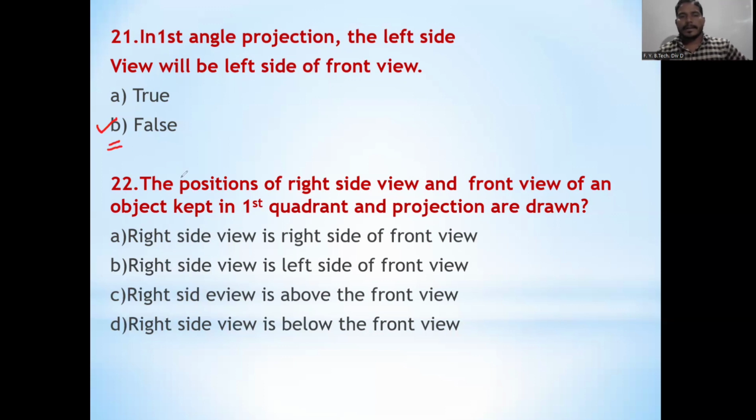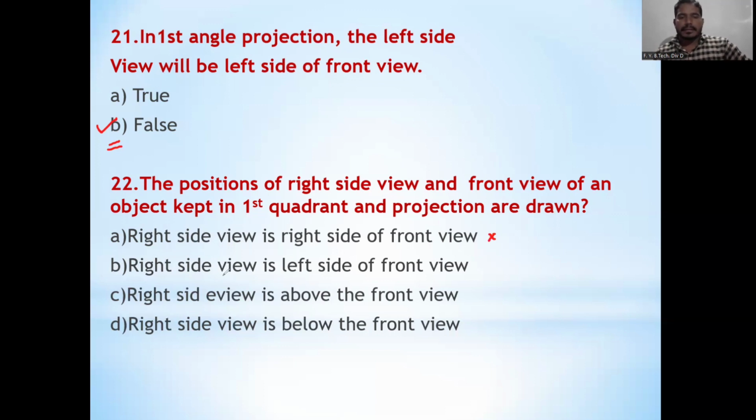The next, 22nd: the positions of right hand side view and the front view of an object kept in first quadrant, the projections are drawn. So you see, right hand side view is on the right hand side of the front view. It's not correct, because we are going to see in the first quadrant, related to the first angle method of projection.